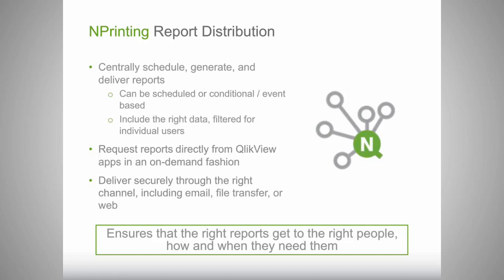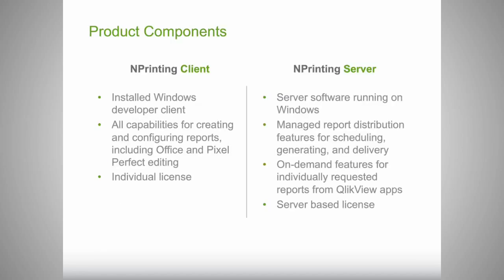So as I mentioned, the NPrinting product is basically broken up into two components. There's a developer client, which I believe is called Designer, and it allows developers and people who want to build and generate reports to be able to get in and actually author them. This is an installed Windows product, and it's individually licensed.